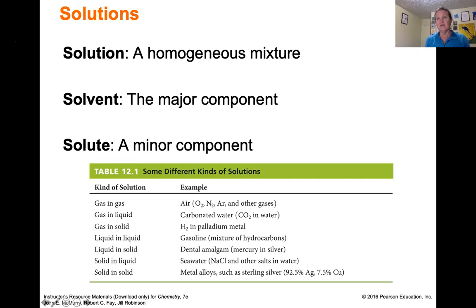We'll be talking about things that are important environmentally or biologically, so hopefully those will be things you're interested in. So stream water, the solvent would be the water, and all the other components would be solutes. Your blood's major component is water. So most solutions we talk about will be solutions where the solvent is water.